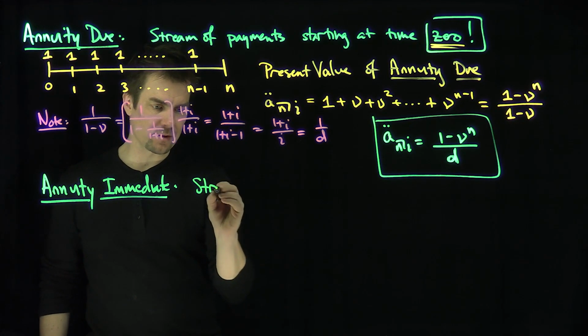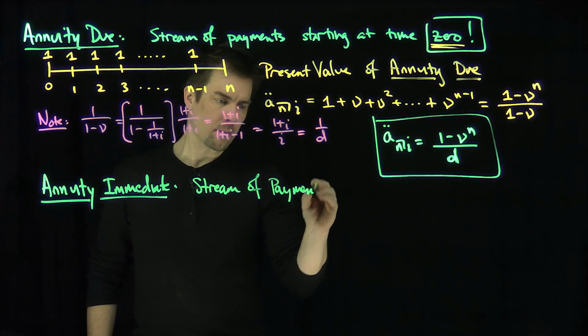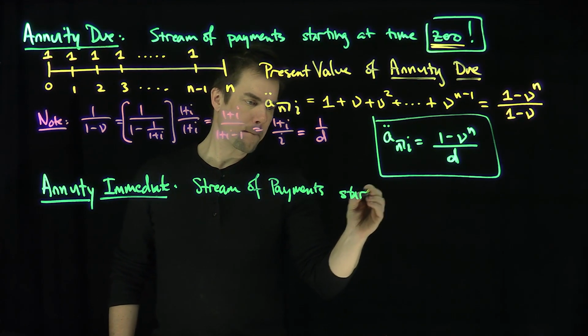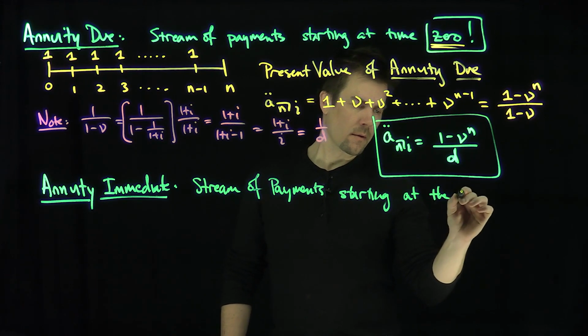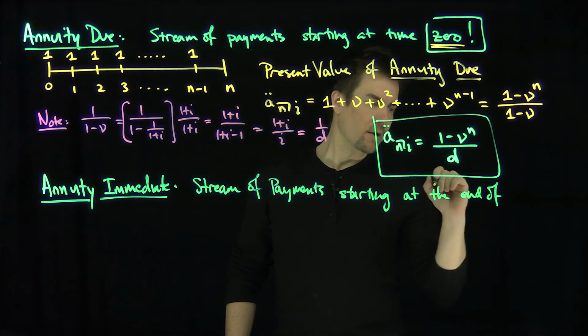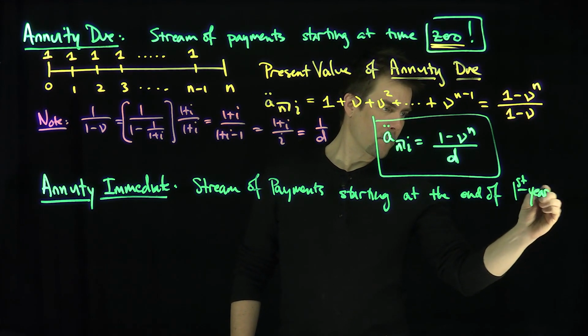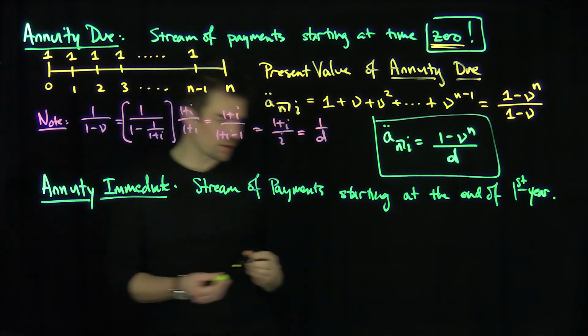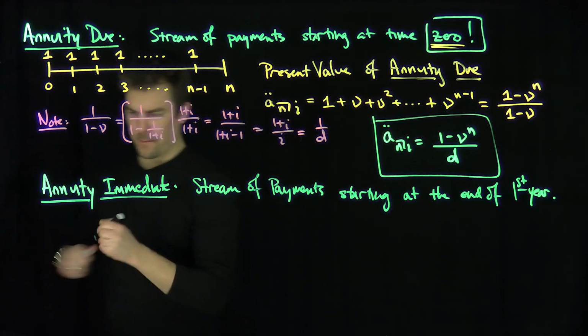That's a stream of payments starting at the end of the first year. Okay. So here's what our schedule looks like for annuity immediates. So for annuity immediates, we get this stream.